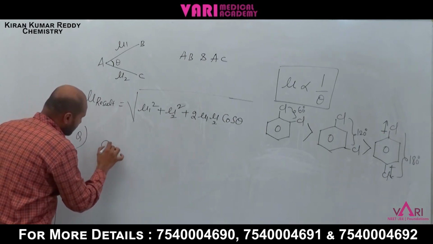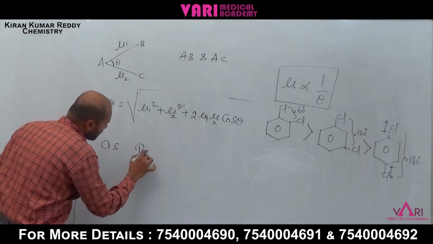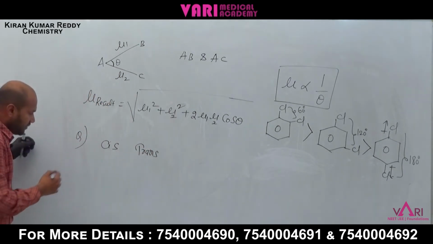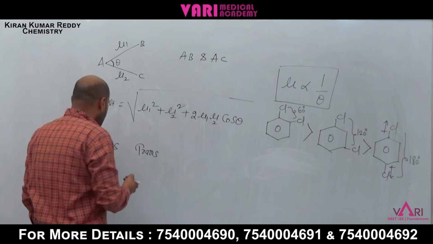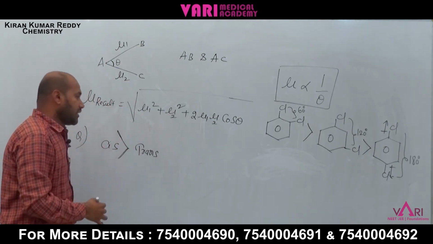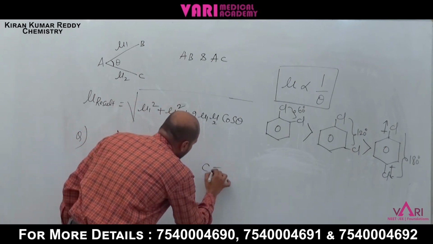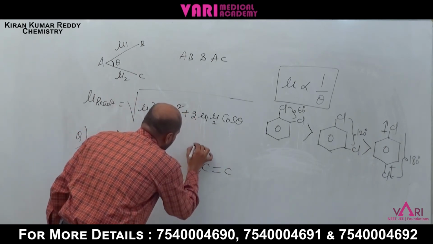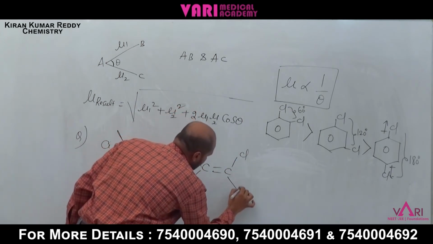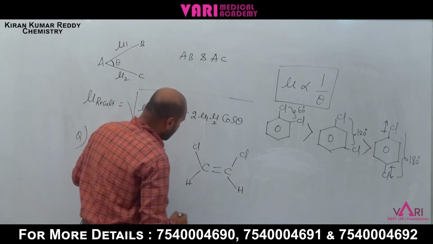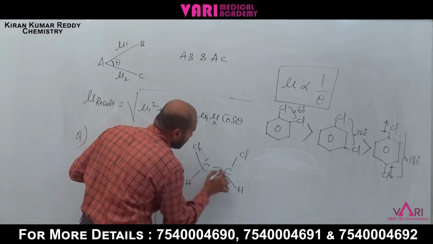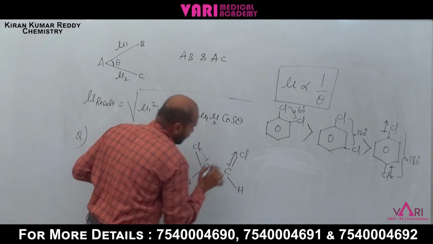Cis and trans. Which one has more dipole moment? If you take the cis structure, cis has the higher dipole moment compared to trans. I am taking C double bond C, here is chlorine and here is chlorine, hydrogen here, and also hydrogen here. Now the dipole moment goes from less electronegative to more electronegative, here carbon to chlorine, here also carbon to chlorine.